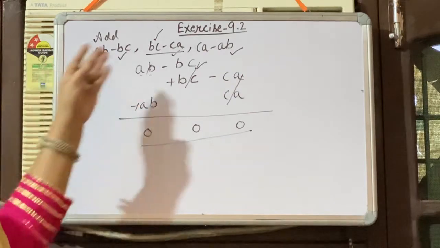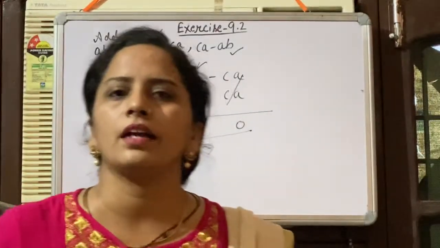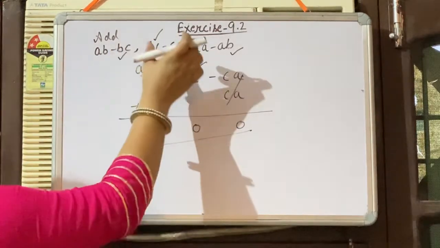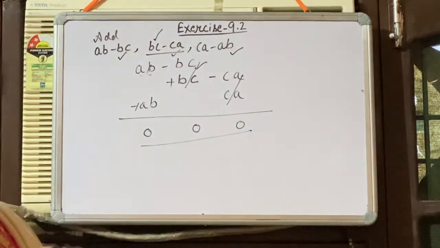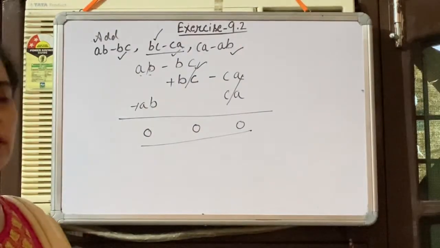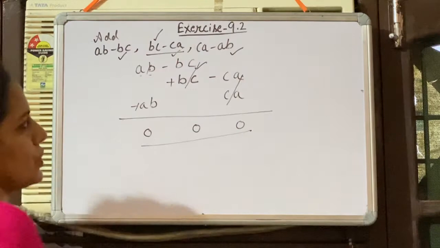So when we add these three terms, we get our answer 0. So write the different algebraic expressions in different rows and like terms one below the other. Let's do one more question of the same type.